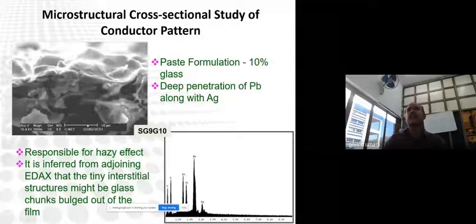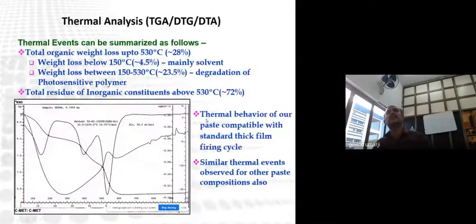In the case of 10% glass, there is a deep penetration of the lead borosilicate glass along with the Ag, and that gives a hazy effect. It is inferred from EDAX also, which clearly suggests there is much more interaction of the lead glass with the alumina substrate. So this is not a good situation from the electrical point of view.